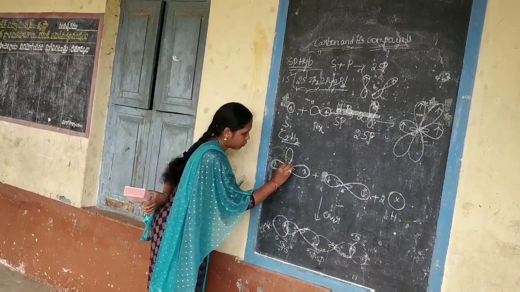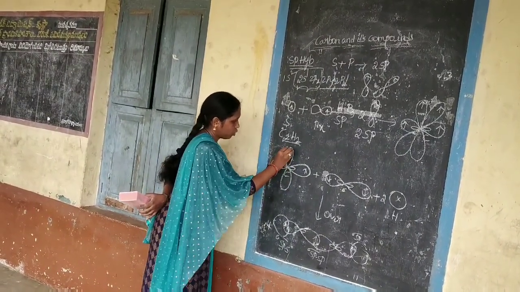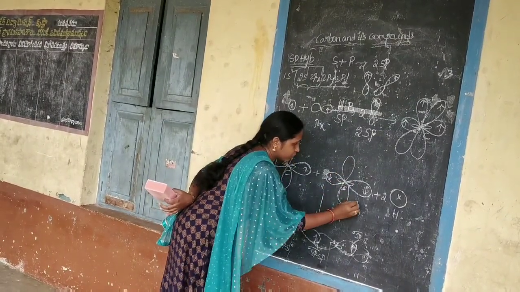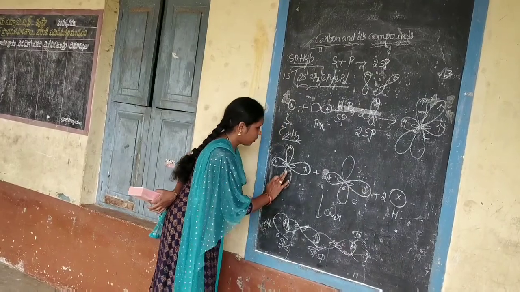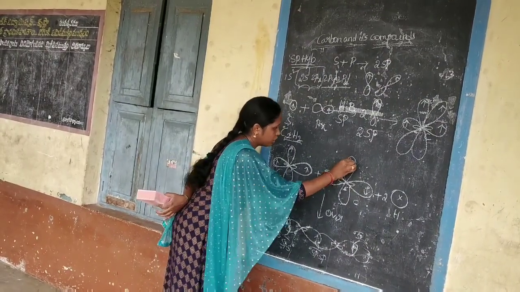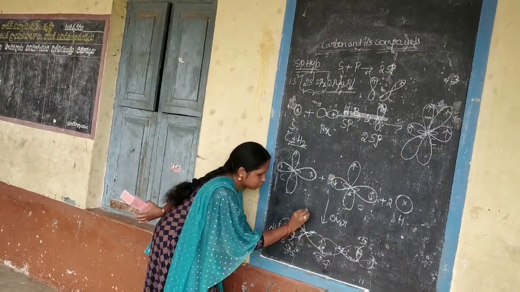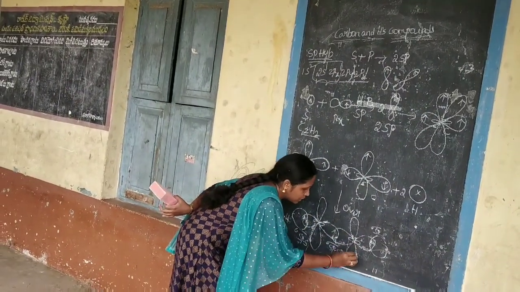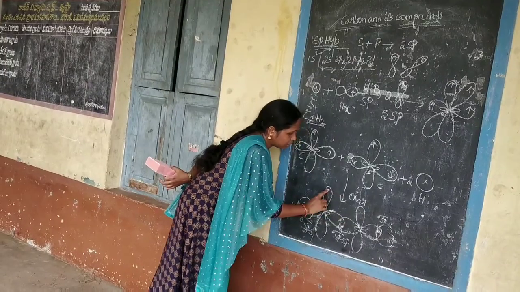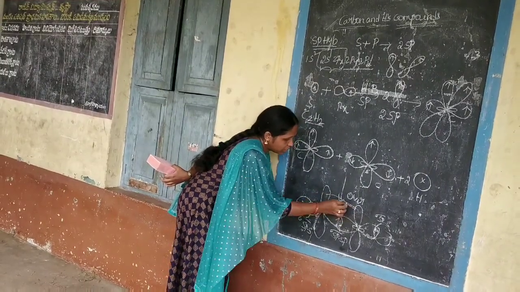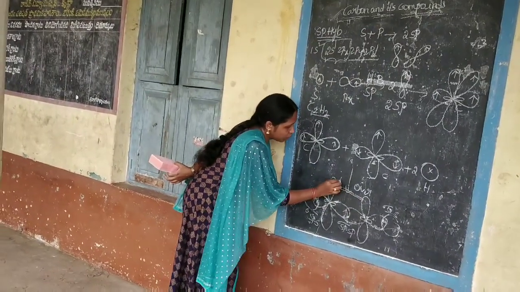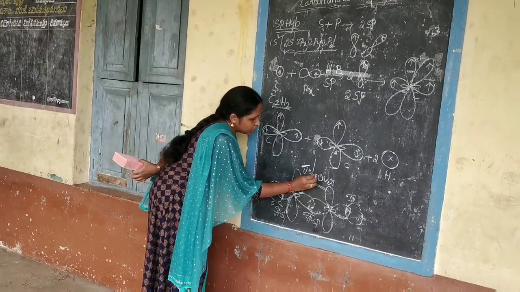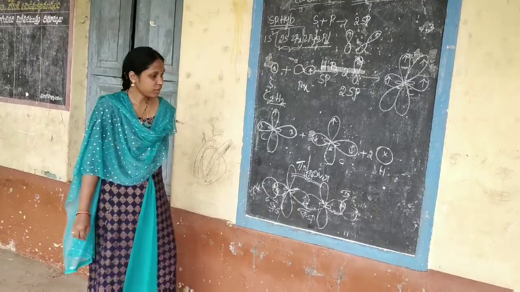This carbon has a py orbital with a single electron, and this carbon atom also has a py orbital. These two are perpendicular to the plane but in the same plane, so they overlap sideways and form a pi bond. That pi bond we call pi py.